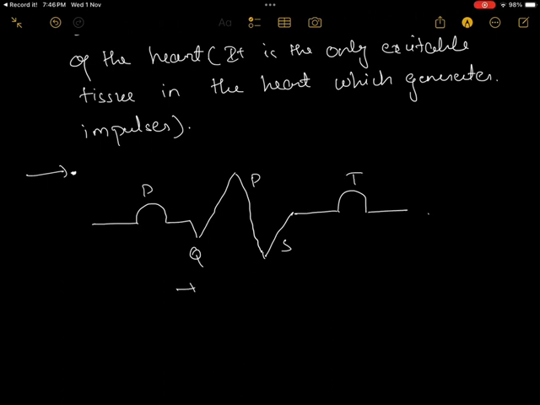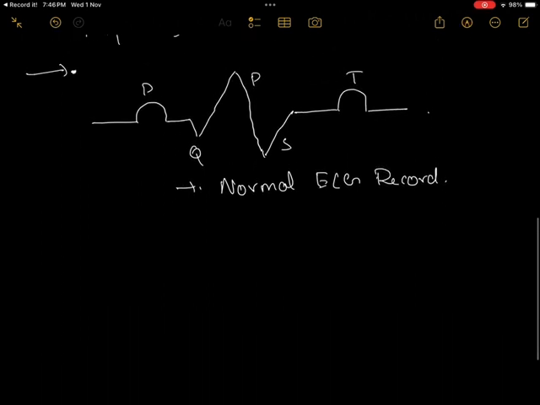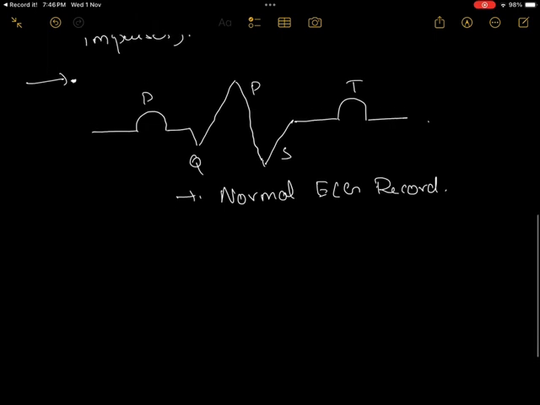This is the normal ECG record of a person. I think you're all familiar with the notations and the indications of PQRST waves, like how much should be the length of the P wave graphically.